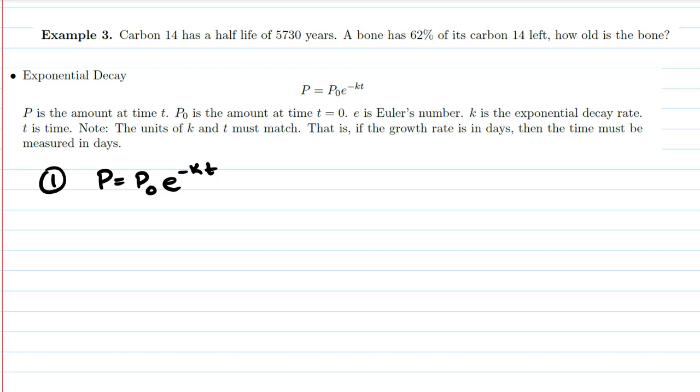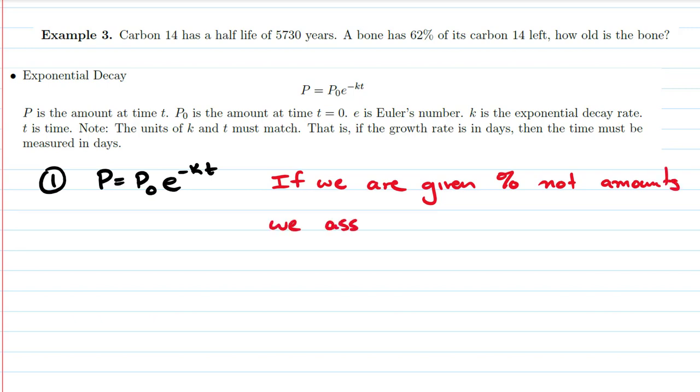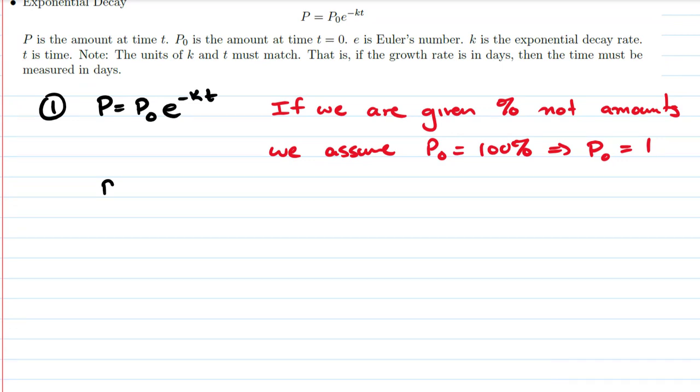One thing that's worth noting, and it's common in radioactive decay problems, is if we are given percents, not amounts, we assume P naught equals 100%, which, if we turn P naught into a decimal, is going to be 1. So that reduces our equation down to P equals e to the negative kt.